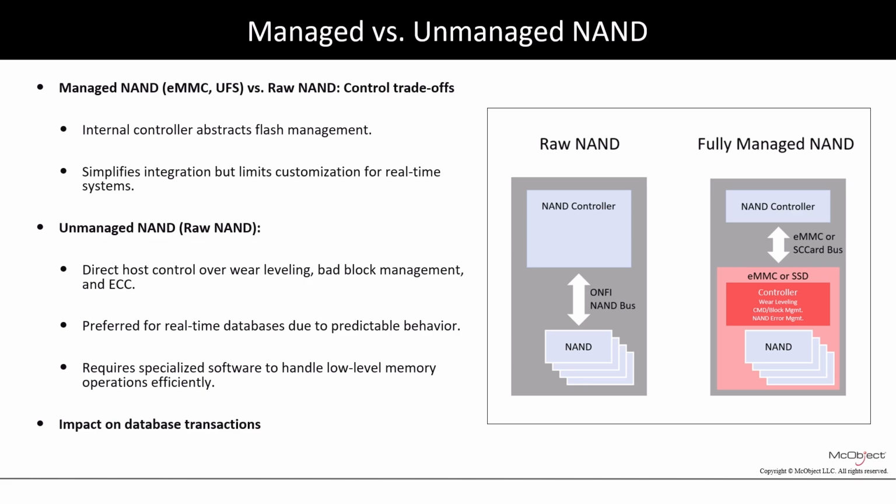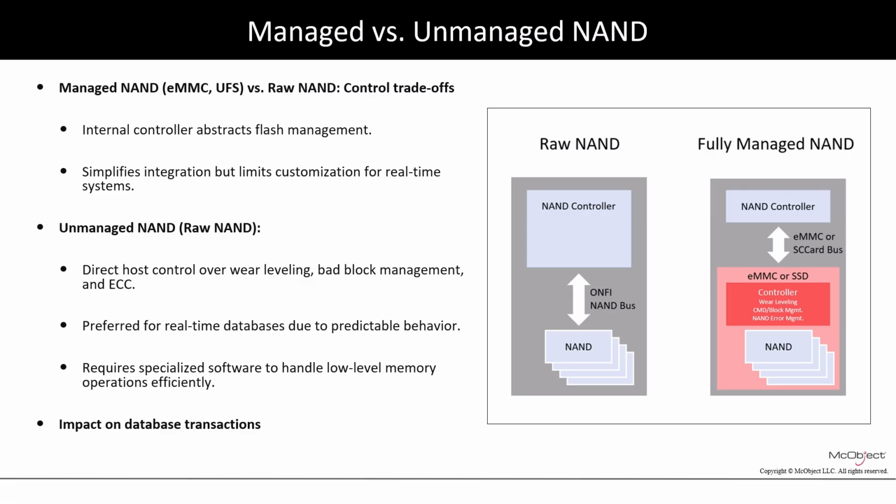Unmanaged NAND requires the host system to handle critical management tasks, including wear leveling, distributing write operations evenly to prevent premature degradation, bad block management, detecting and remapping faulty blocks, and error correction codes, or ECC, as a part of the host driver, ensuring data reliability.